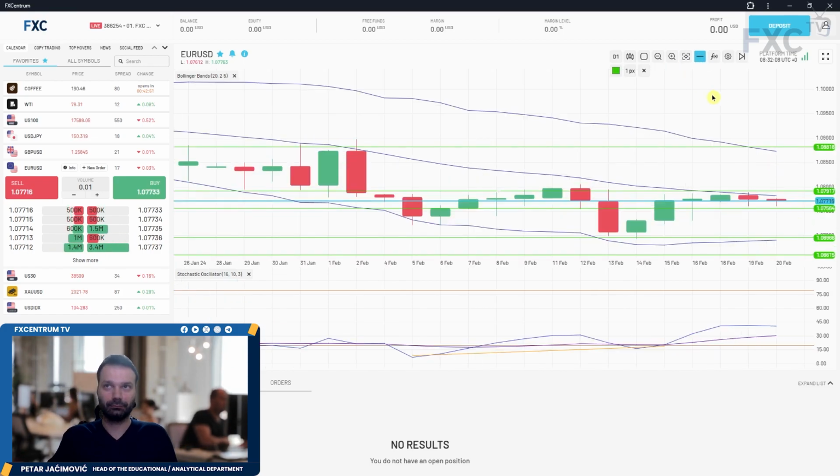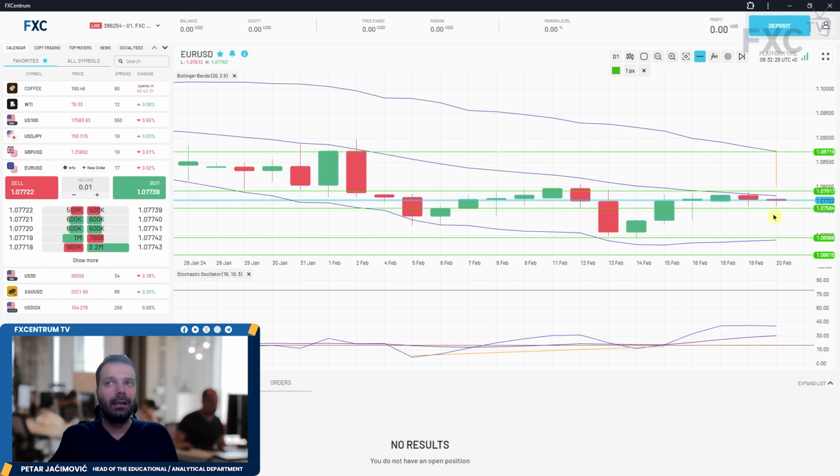So in case of an upside breakout of that level, there is a chance for higher prices towards the upper Bollinger Band, and also the area where we got this rejection and bigger supply in the background. In case of this mini consolidation breakout to the upside, the objective will be at the 1.0870 mark.